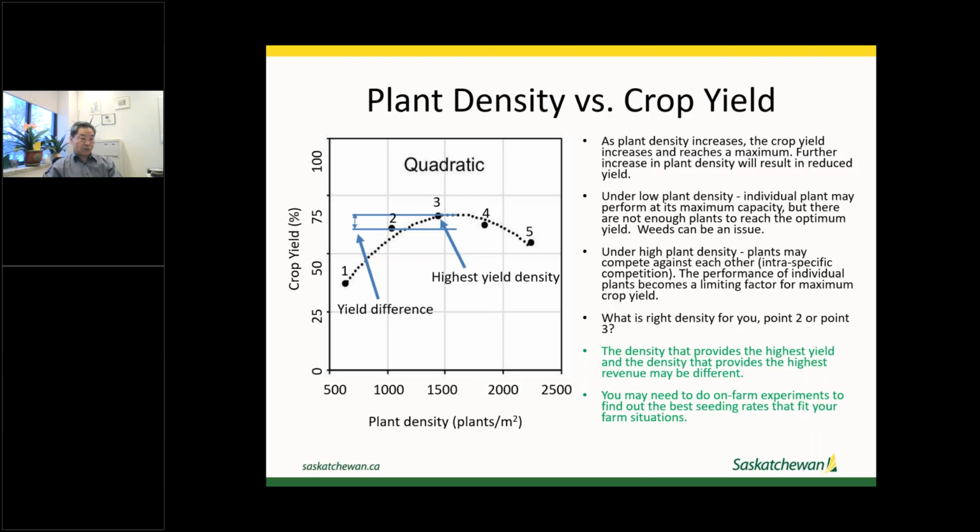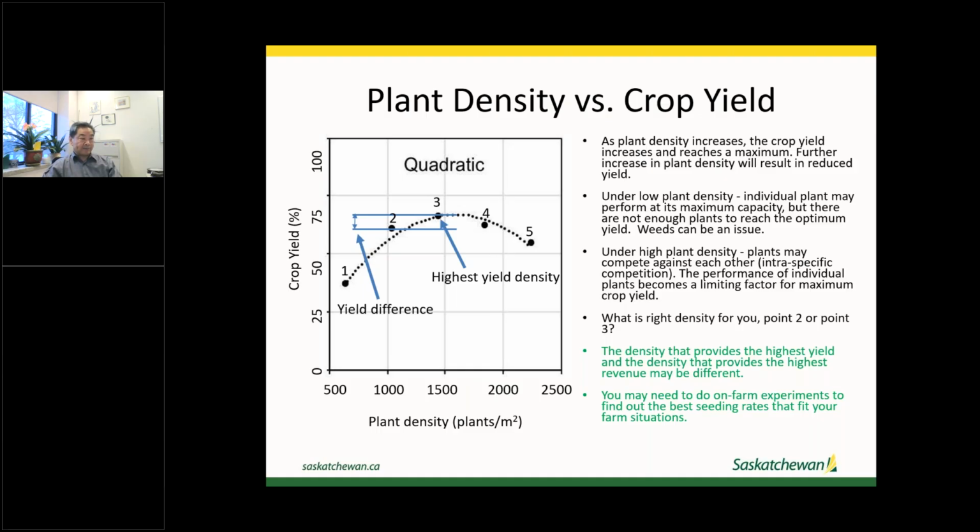I want you to look at the graph again. Based on this graph, from point 2 to point 3, your plant density increases by 50%, from 1,000 to close to 1,500 plants per square meter.